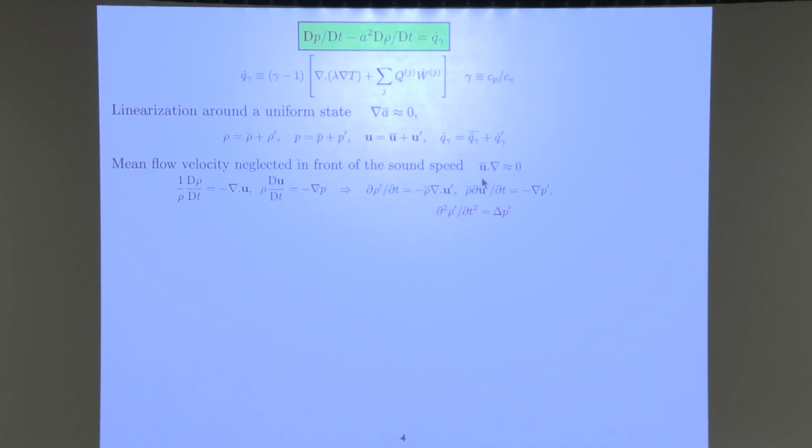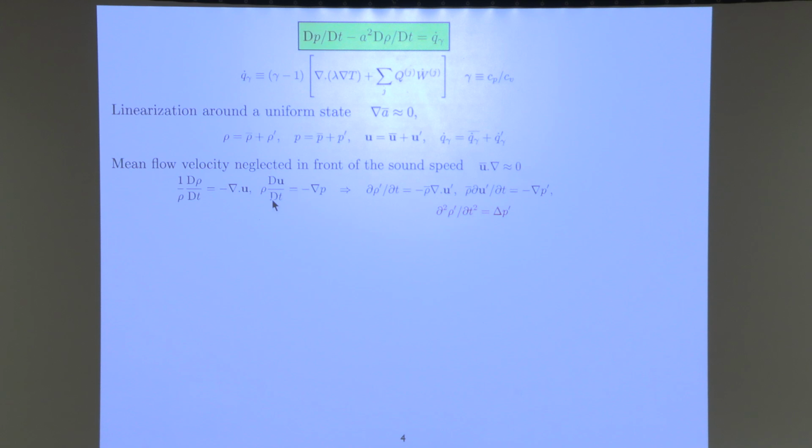Okay, so this is a conservation of mass. This is a conservation of momentum. I forget about viscous dissipation for the moment. But if you now linearize this, you neglect this term, so that the Lagrangian derivatives are a simple time derivative.